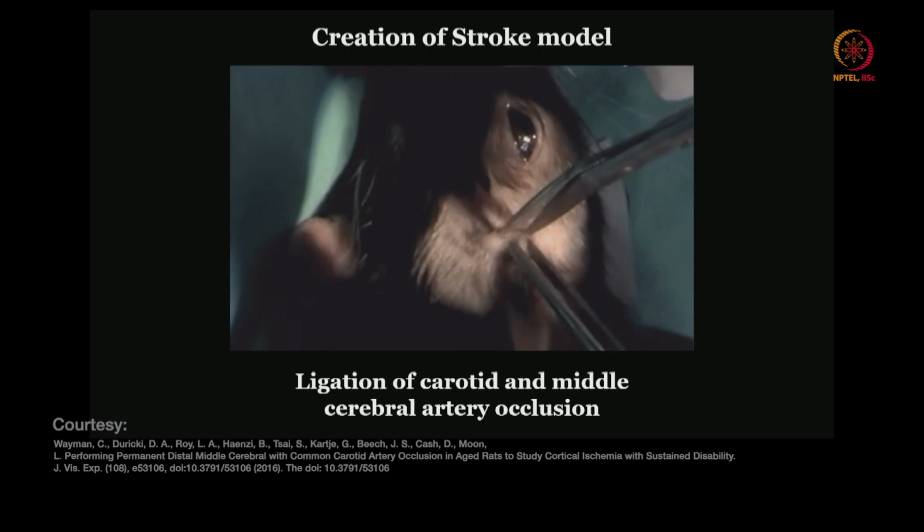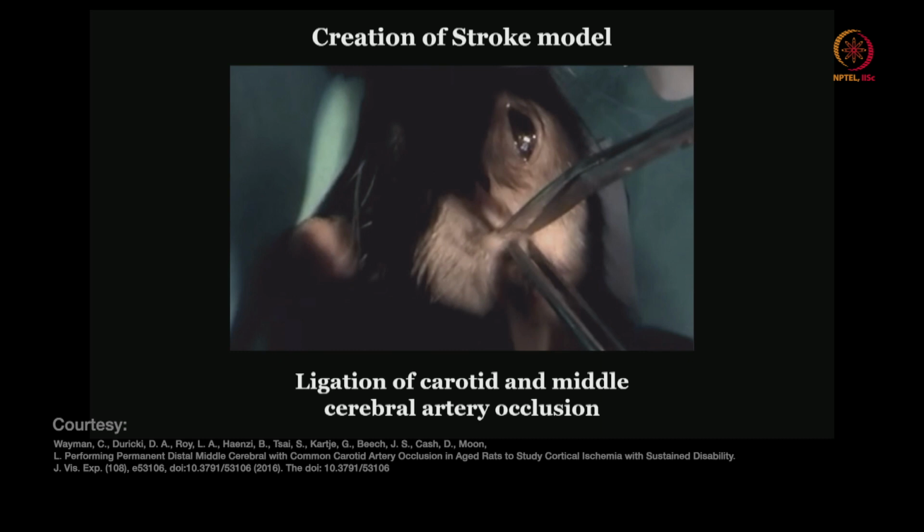So one side you permanently occlude, and the other side you temporarily occlude for around 40 to 45 minutes, by which time you do the middle cerebral artery occlusion by doing a temporal craniotomy. This combined carotid and middle cerebral artery occlusion is very important, because if you do the occlusion only for the middle cerebral artery, the other side of the carotid artery compensates for the loss.